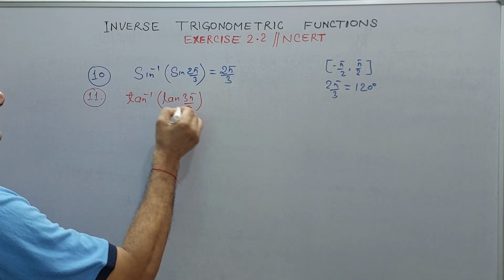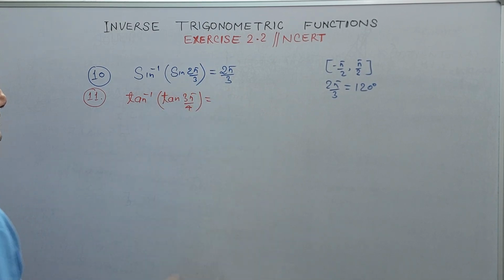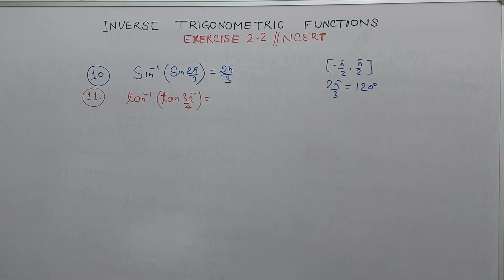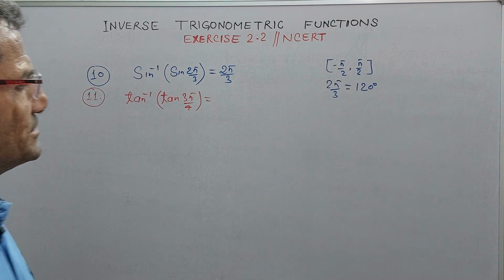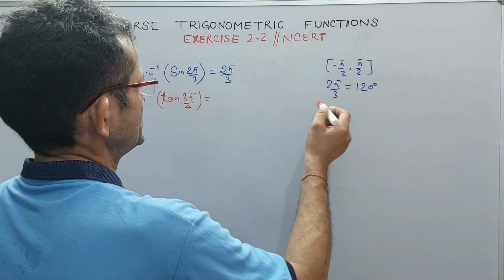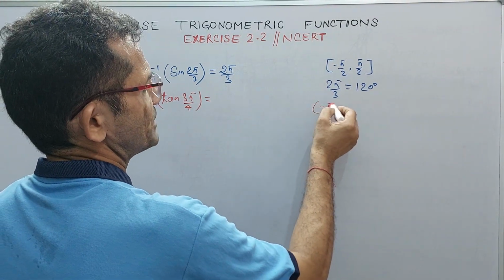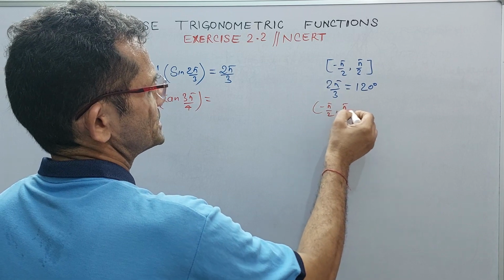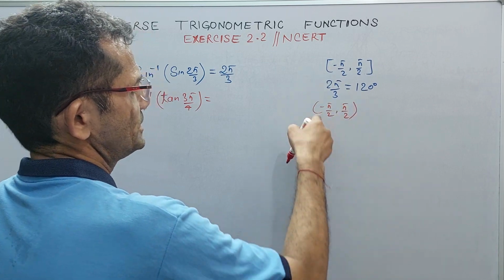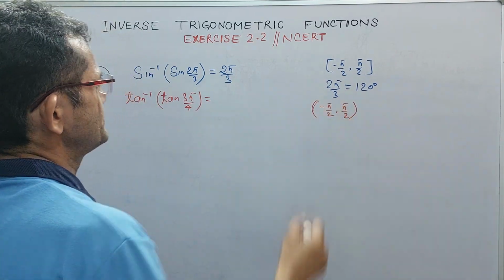So we also have to consider the domain of tan inverse x. We know that the principal value branch of tan inverse is from minus pi by 2 to pi by 2. We consider only the angles which lie between them.